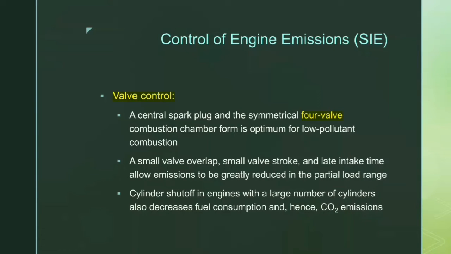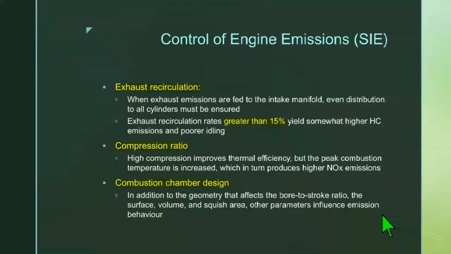Cylinder shut-off in engines with a large number of cylinders also decreases fuel consumption and hence carbon dioxide emissions. Exhaust recirculation. When exhaust emissions are fed to the intake manifold, even distribution to all cylinders must be ensured. Exhaust recirculation rates greater than 15% yield somewhat higher hydrocarbon emissions and poorer idling.